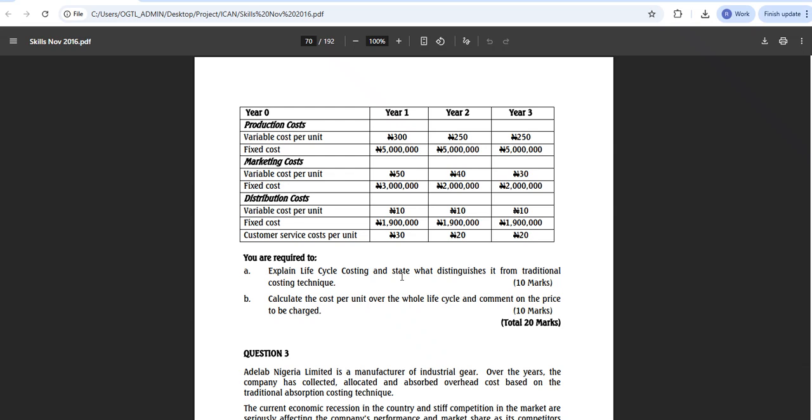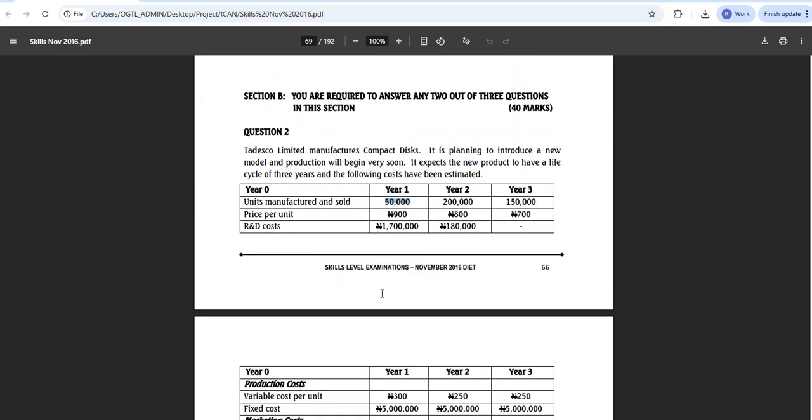Now, you need to be careful with one thing. The question says calculate the life cycle cost per unit. If you include sales in your life cycle cost, you are absolutely wrong.